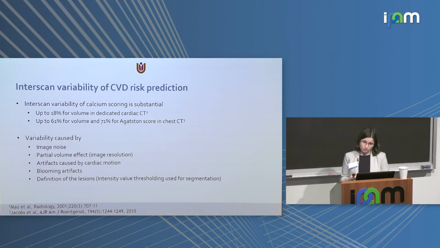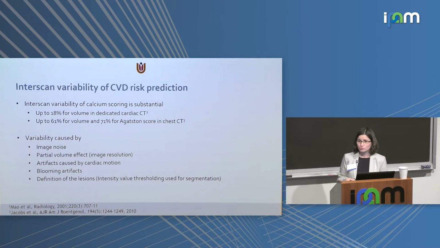And then we look at what is causing this variability, and that indeed is image noise related to low dose, partial volume effects, that resolution is quite low compared to the size of the vessels. There is always cardiac motion present, even in dedicated scans when the acquisition has been synchronized with cardiac motion, but especially in scans when this is not done.